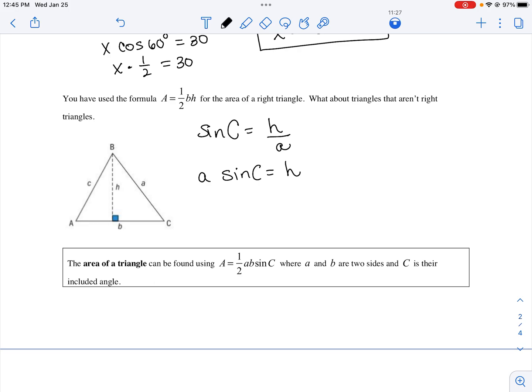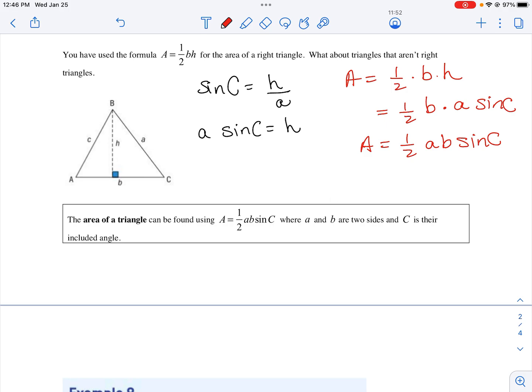Now, area is base times height. b is the base, but my height is a sine C. So we would write this as area equals 1/2 ab sine C. This area formula is used when you don't have a right triangle.